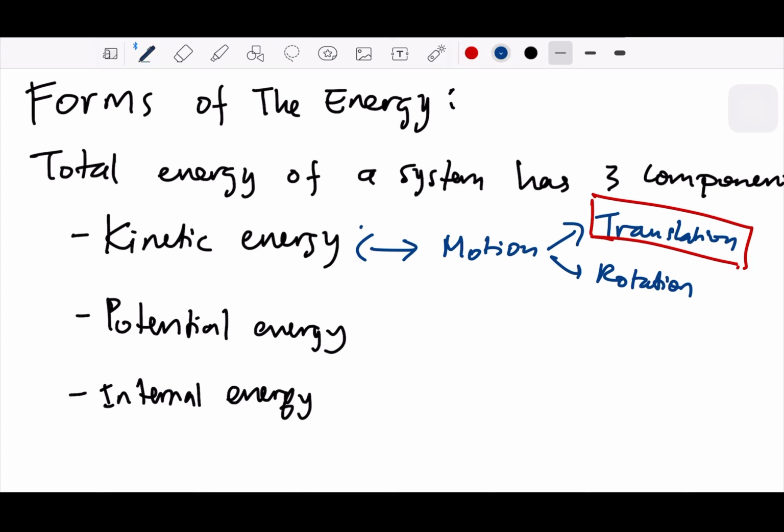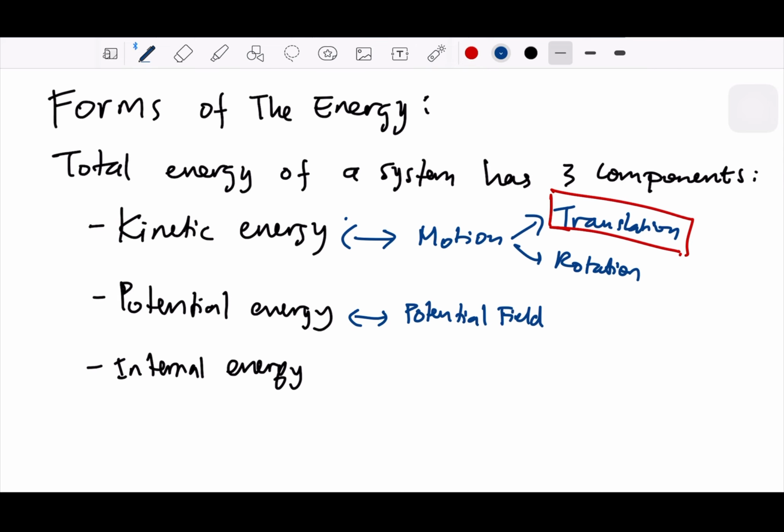And potential has potential fields. Let me just write the potential field. But in our case, to simplify our course and our perspective for the chapters, we're just focusing on gravitational potential energy.